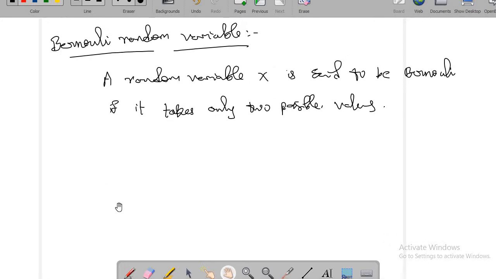Okay, and we can define a Bernoulli experiment. We say a random experiment is a Bernoulli experiment if it has just a success or failure. If you perform that experiment once, that is what we call a trial.